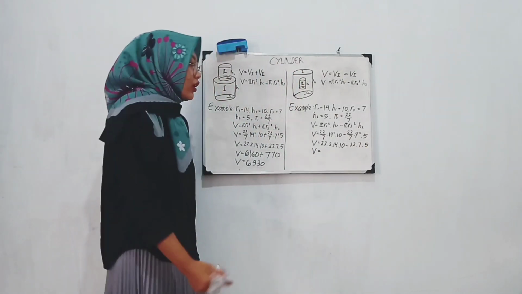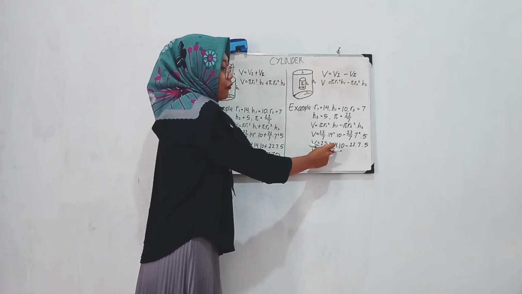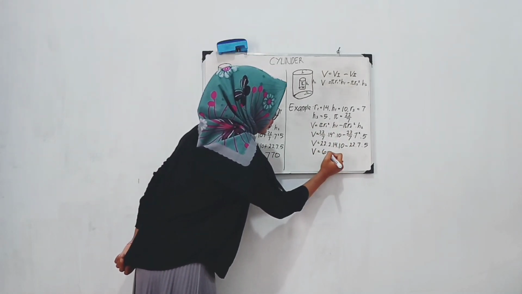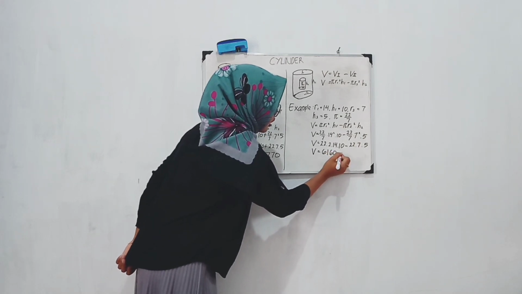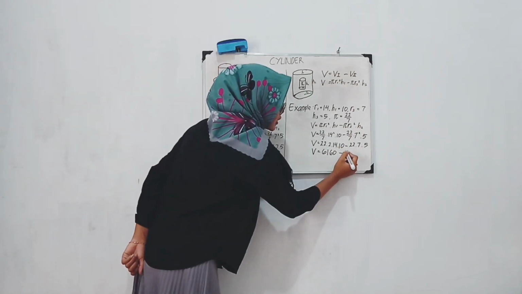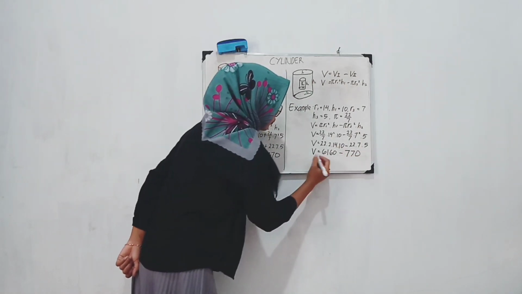Volume equals 22 times 2 times 14 times 10 is 6160, minus 22 times 7 times 5 is 770.